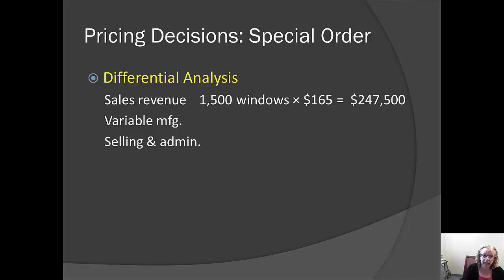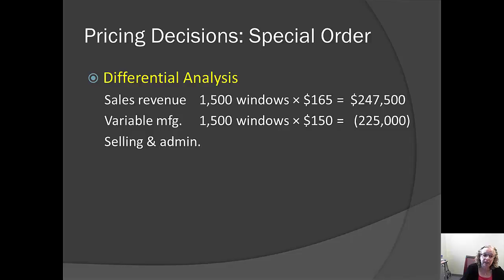The variable manufacturing cost of the special order is going to be the 1,500 windows times the firm's own variable manufacturing cost, which we were told was $150.